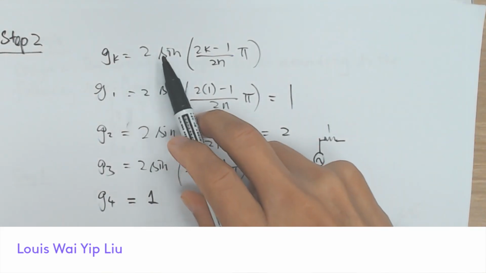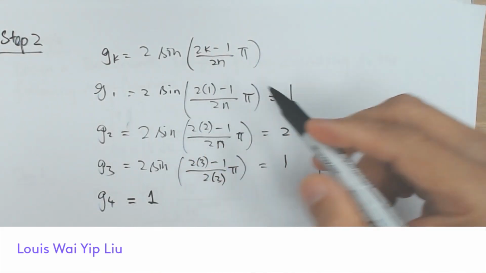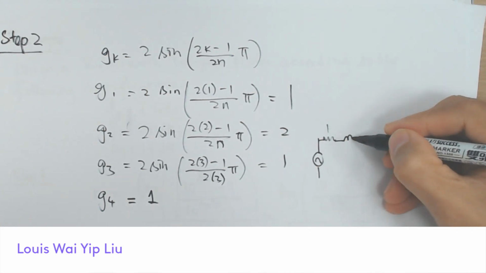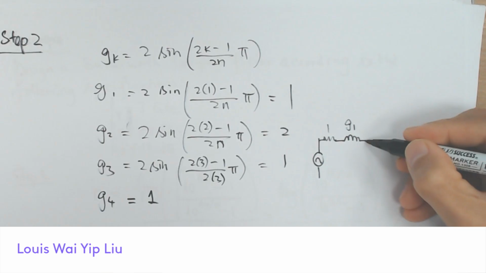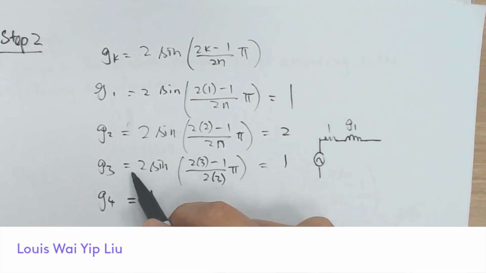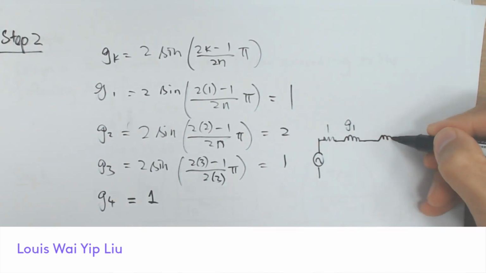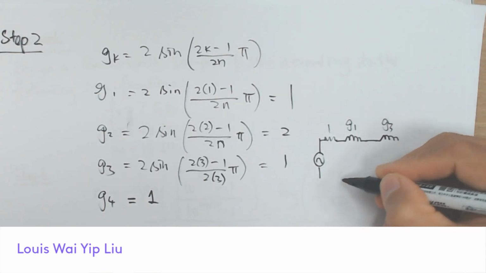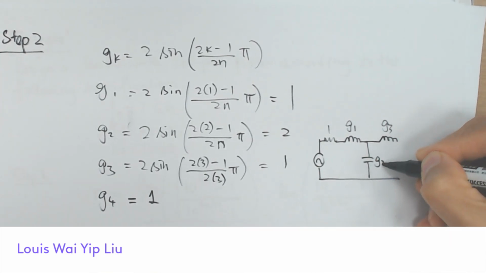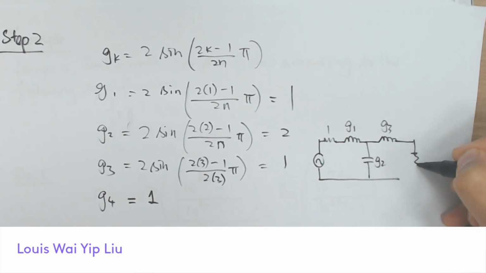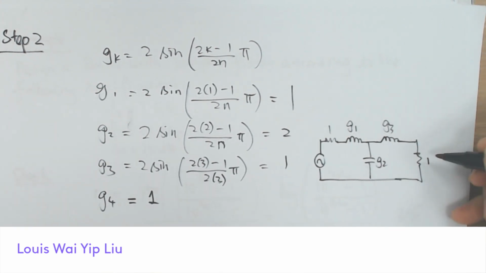The first stage is g1, the value is 1, and the inductor g3, g2. So this is the filter, assuming that the load impedance is 1.